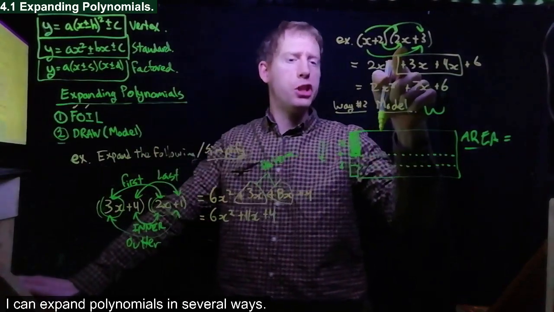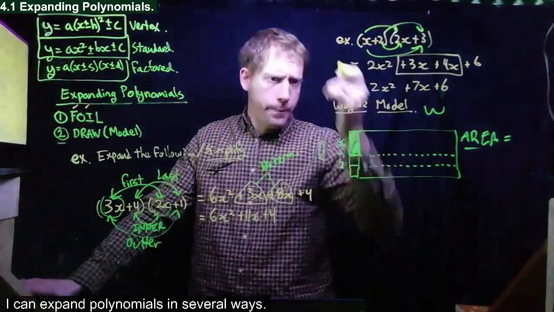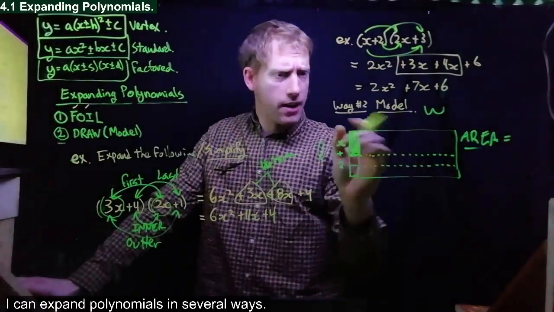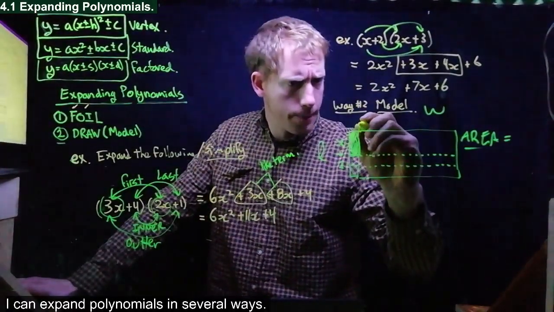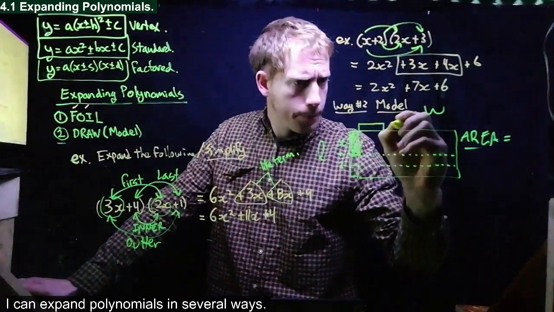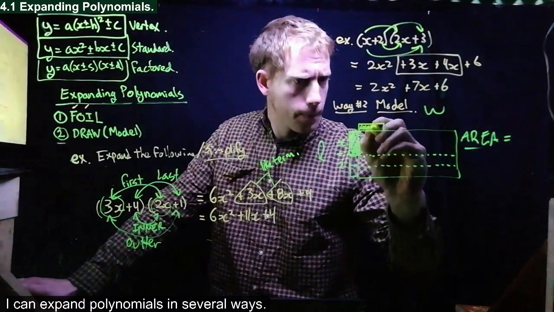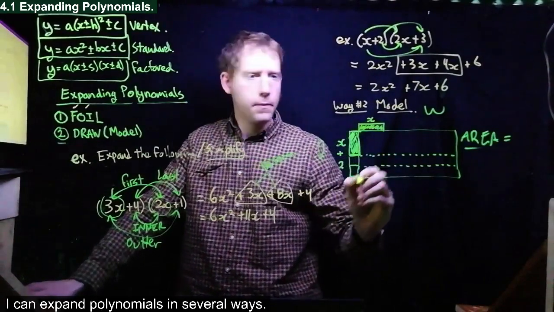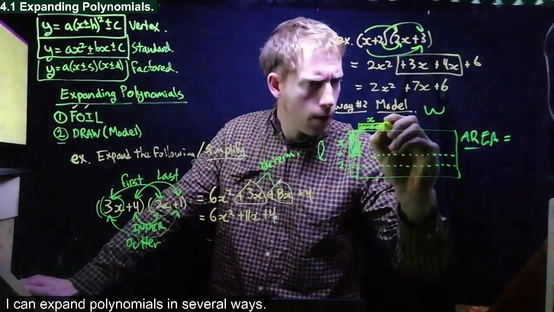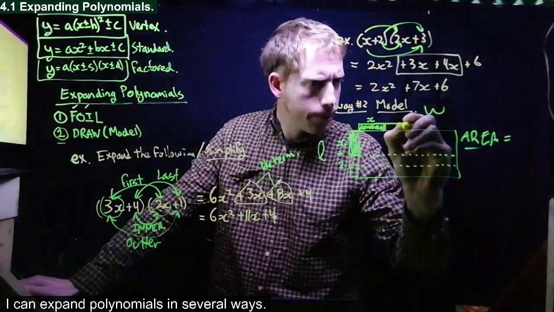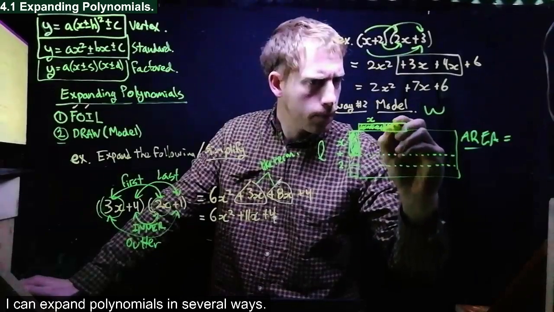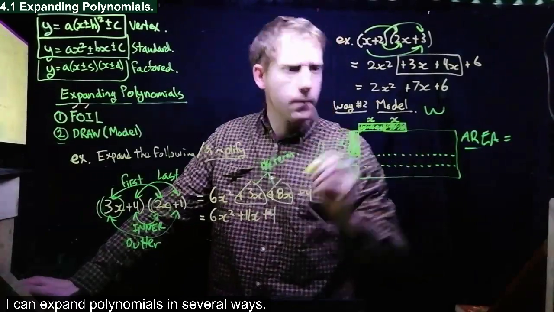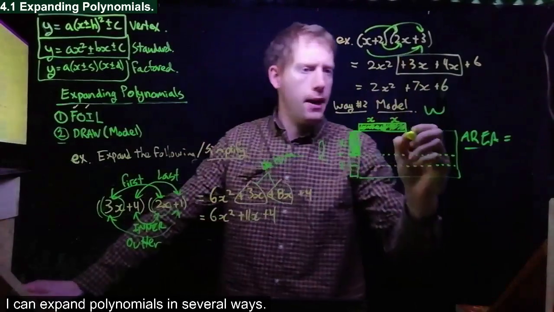We're going to do the same for our width. Our width is we have 2x. Well, if this is the distance of x, 2x is going to be like this. 1x, 2x, and then I have 3 here.